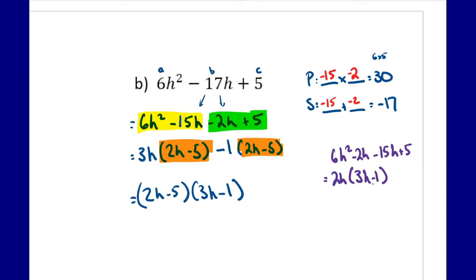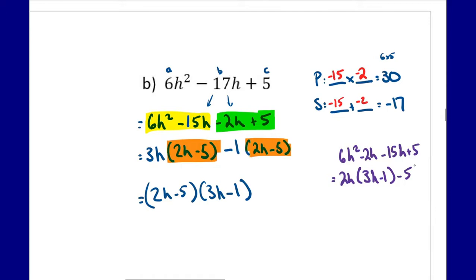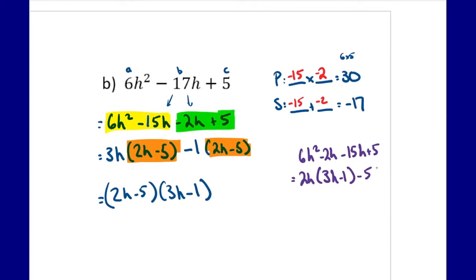But because I want to make sure that it's the same thing, I will have to take out a negative 5, which then leaves me with 3h minus 1. I have the same brackets, so I get 3h minus 1 out as a factor, and the leftover, 2h minus 5, is the remainder. We get the same thing. So it doesn't matter what order it goes in when we break it down, because it will work out the same in the end.